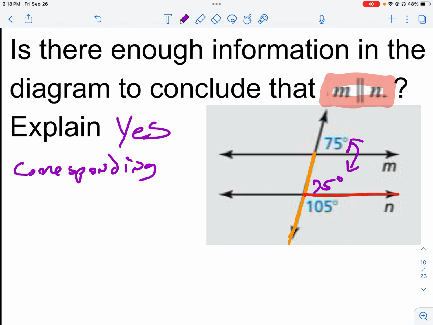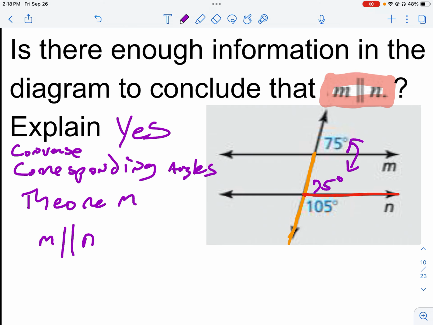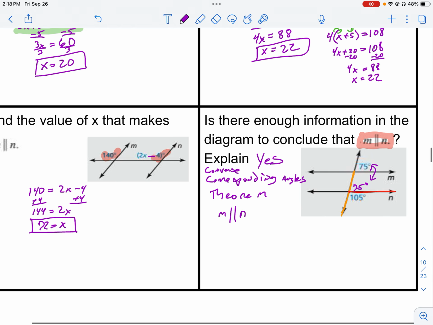So by the converse of the corresponding angles theorem, m is parallel to n. So all we had to do was show that they were congruent, and then that's true.